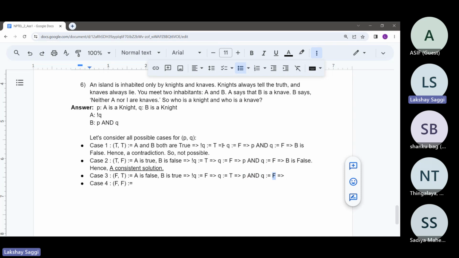And if it comes down to false, this means that the statement B is false, which is a contradiction because we had assumed that B is true. So this case is not possible.